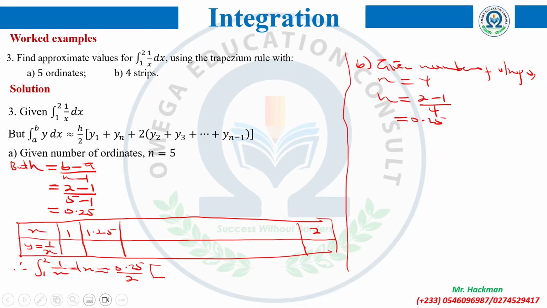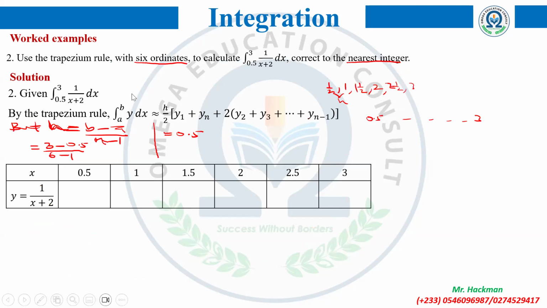One, you've been given the number of ordinates, and the other one, you've been given the number of strips. But if the number of ordinates is 5, then the corresponding number of strips will be 4.